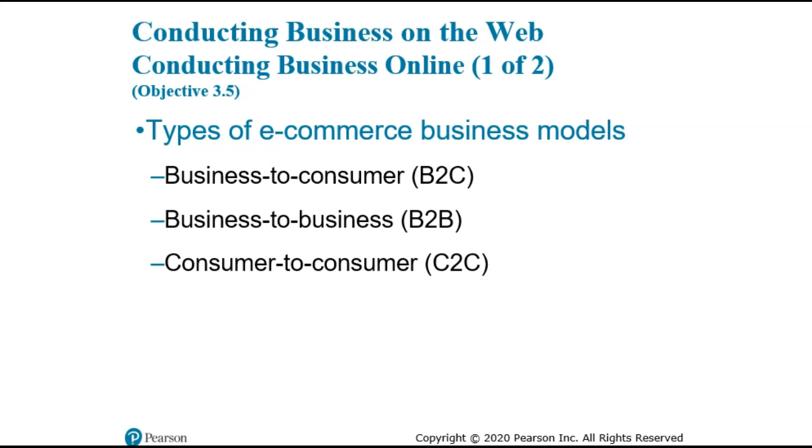There's also business to business transactions, B2B, which occur when businesses buy and sell goods and services to other businesses. Then you have consumer to consumer, C2C, which are transactions that occur when consumers sell to each other. So thinking of things like Etsy, eBay, where you are selling and buying products from other consumers.